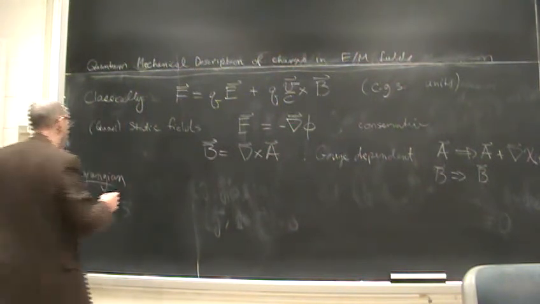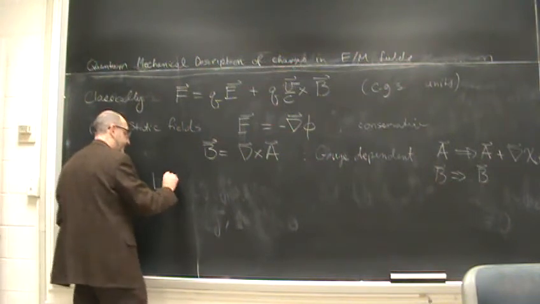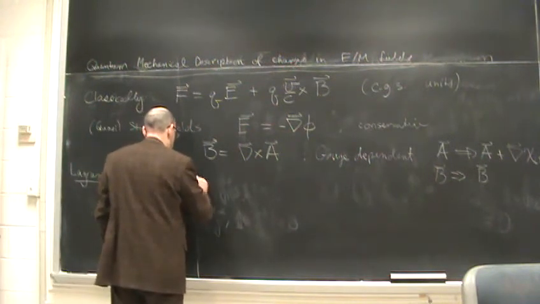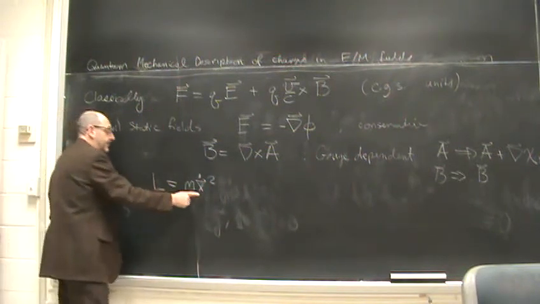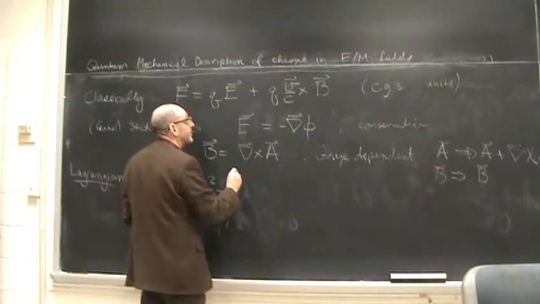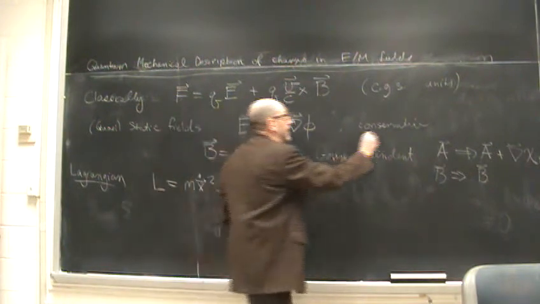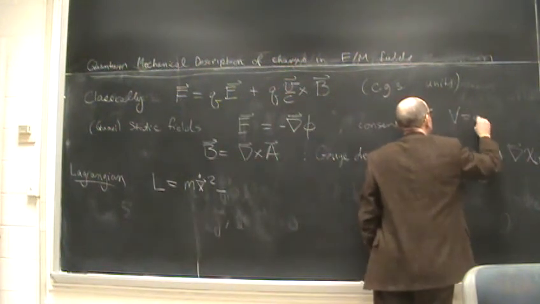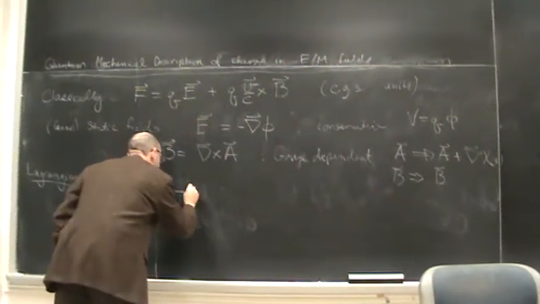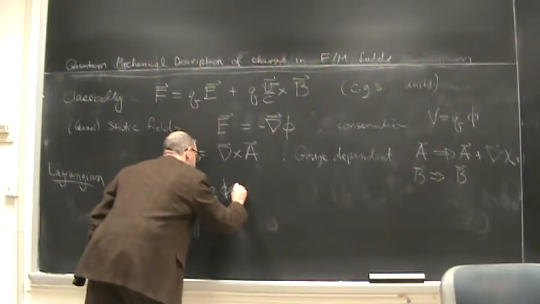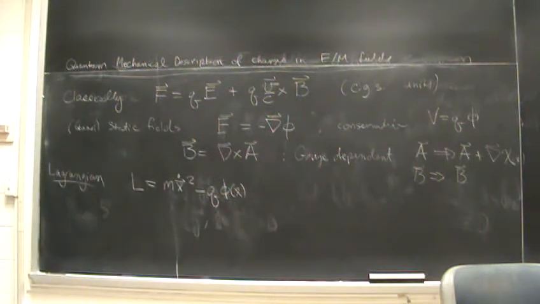So the Lagrangian of the system is (1/2) m x dot squared minus V. The potential, of course, in this case, is the charge times the voltage, so that's minus q phi. That's fine for the electric piece.